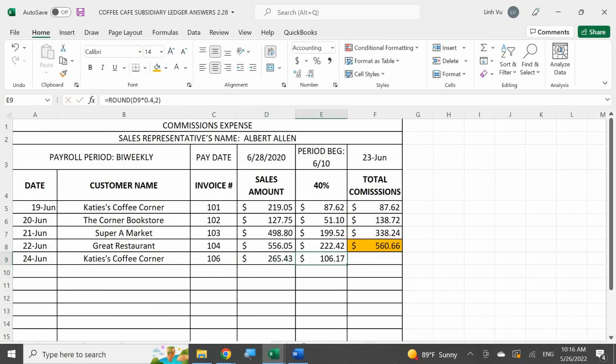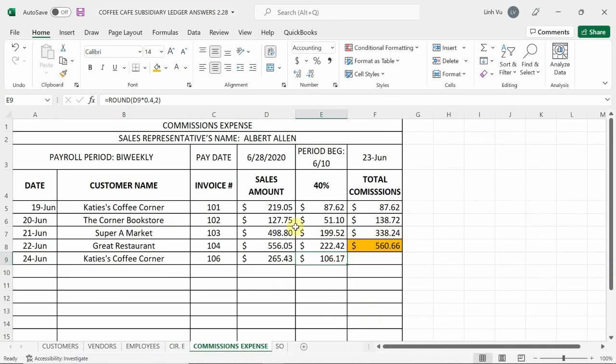Okay, so in this case, it already calculated for me. 40% of 265.43 gave me a total of 106.17. Because this is the new starting period, we need to start with 106.17.